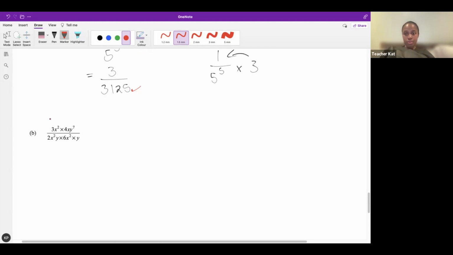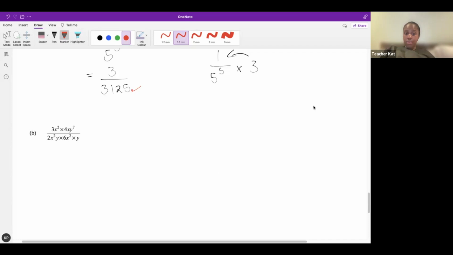Which 2 numbers or 4 numbers or whatever have a common factor? 3 and 2 don't have a common factor. 3 and 6 do. What is the common factor between 3 and 6? As well as 4 and 2. Common factor is?